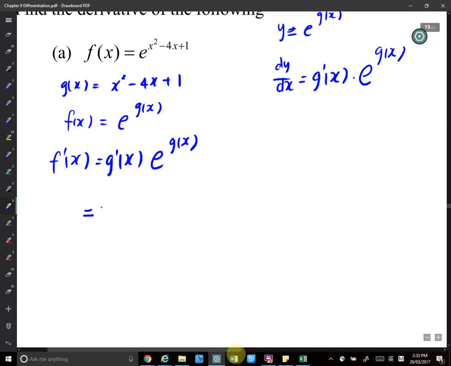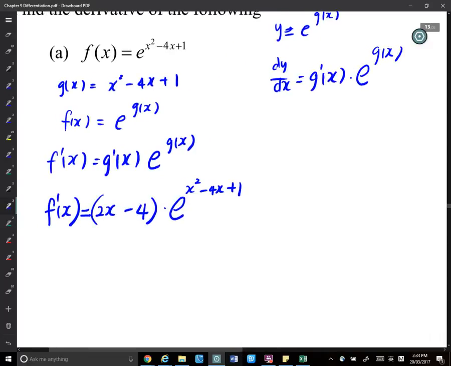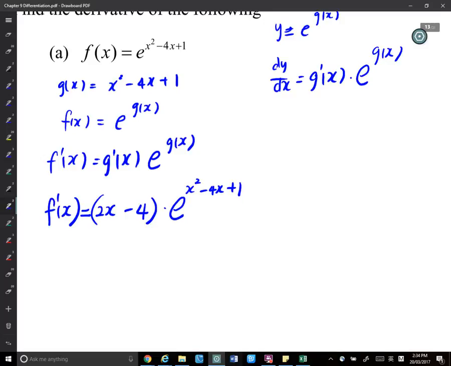G dash x is 2x minus 4, in brackets because it's together, times e to the power of gx, where gx is x squared minus 4x plus 1. So that is your f dash x. You derive the thing on the power, and you just copy the exponential function again. Any questions so far? It's just pure formula, you just need to remember.